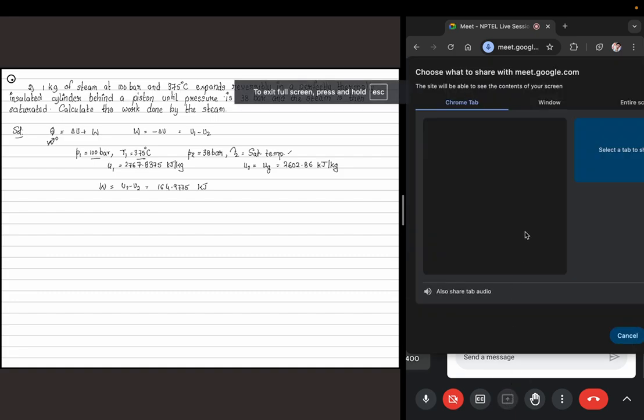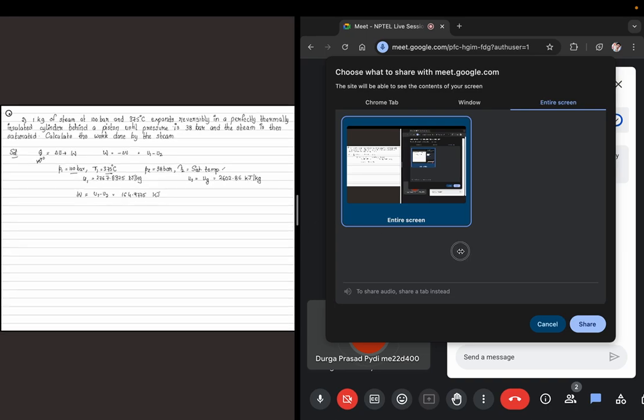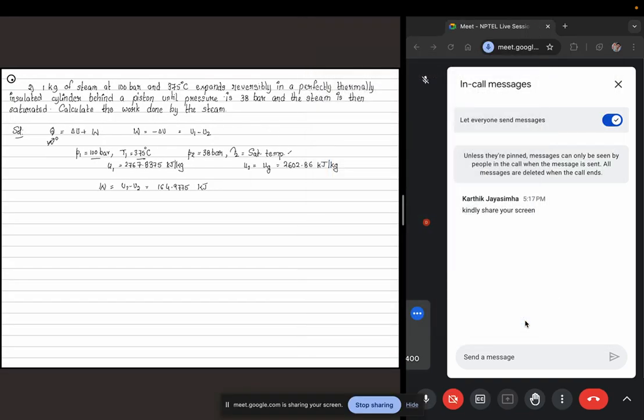Okay, my screen is not visible. I hadn't noticed your message. Yeah, sorry, I think my screen is not visible up until now.